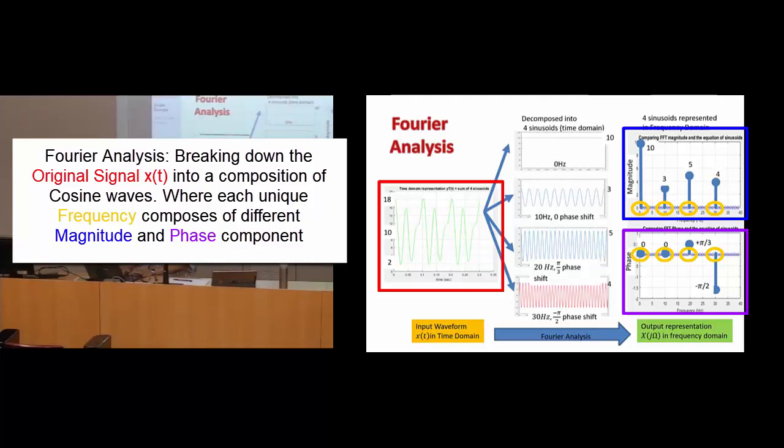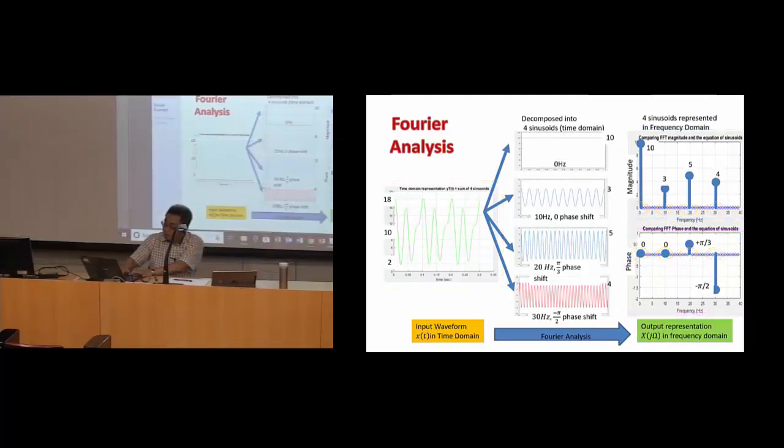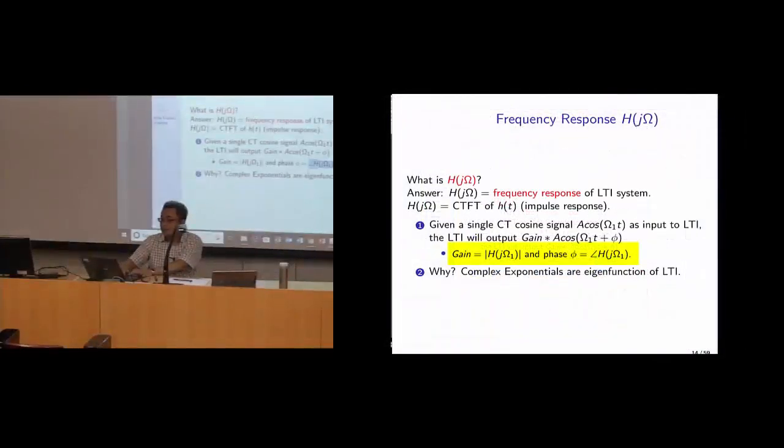If this signal, the green line, is now the impulse response, we can read off at whichever frequency of interest the magnitude and the phase. This is the value we're interested in, that will modify the cosine wave when it is sent in.